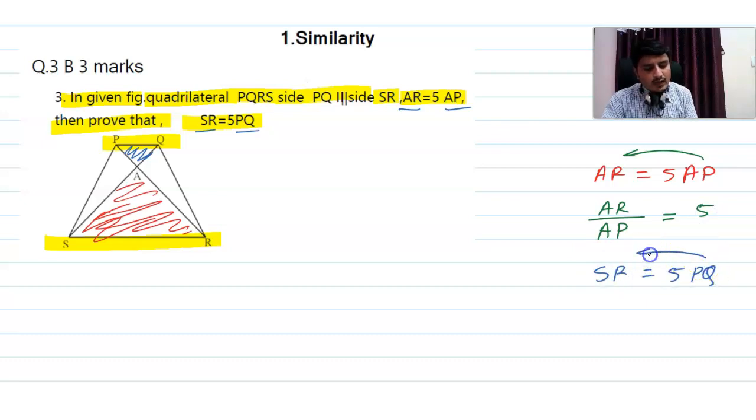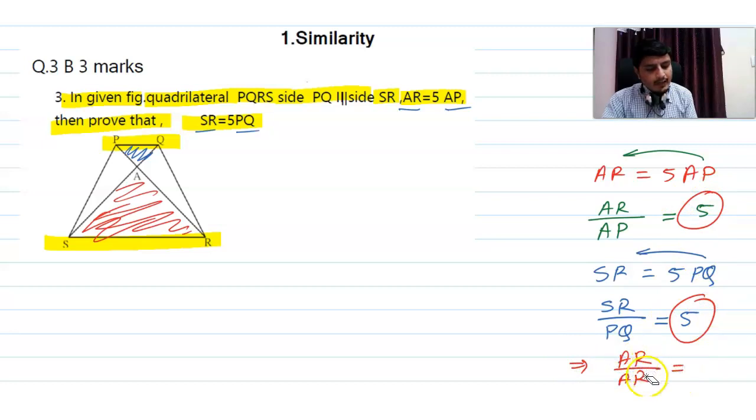That means shifting PQ, SR divided by PQ equals 5. Since those two equations have the same RHS, we can equate their LHS. Ultimately we have to prove that AR divided by AP equals SR divided by PQ. Then we have our proof, that SR equals 5 times PQ.